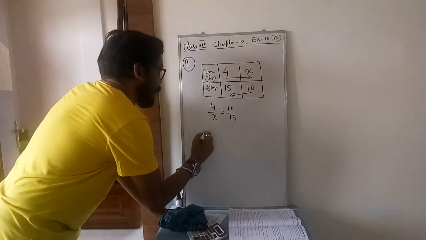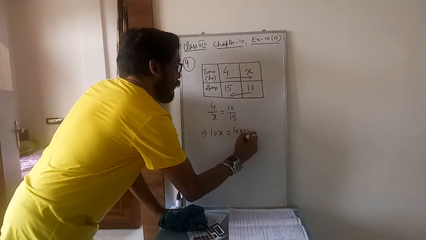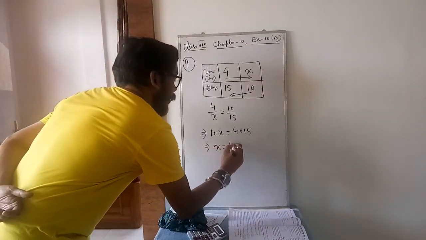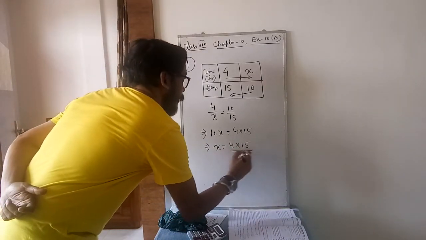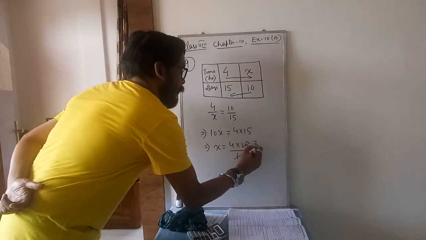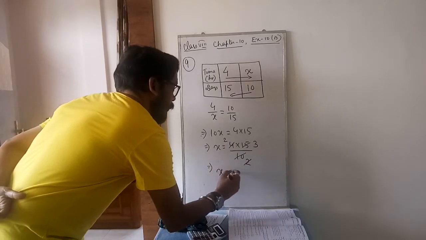Cross multiply: 10x equals 4 into 15. So x equals 4 into 15 by 10. 5 2s are 10, 5 3s are 15, 2 2s are 4. So x equals 6.